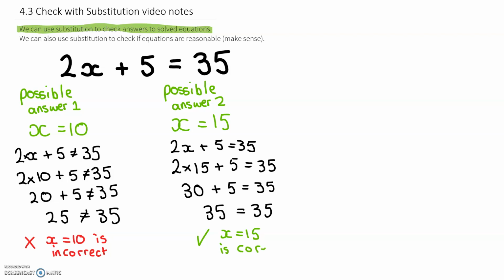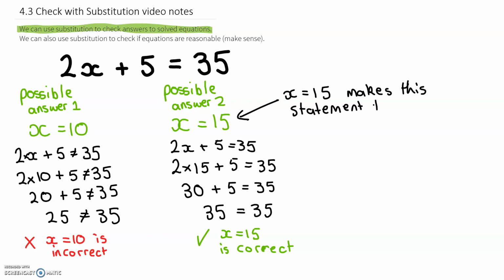And another way to put that is that x equals 15 makes this statement true, which means that this equation has the left side equal the right side. Because left side equals the right side.